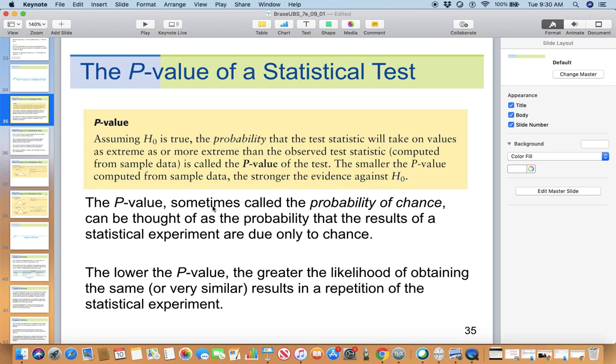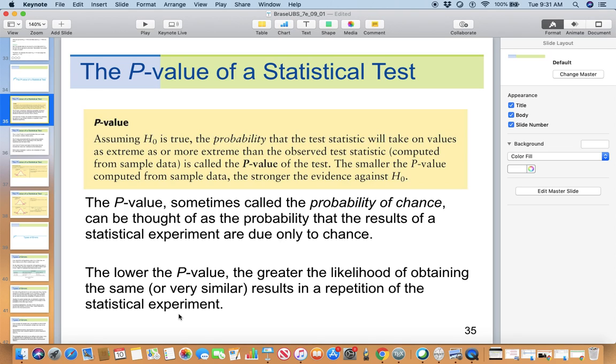The p-value, sometimes called the probability of chance, can be thought of as the probability that the results of a statistical experiment are due only to chance. The lower the p-value, the greater the likelihood of obtaining the same or very similar results in a repetition of the statistical experiment.